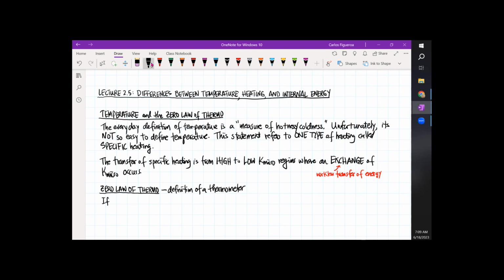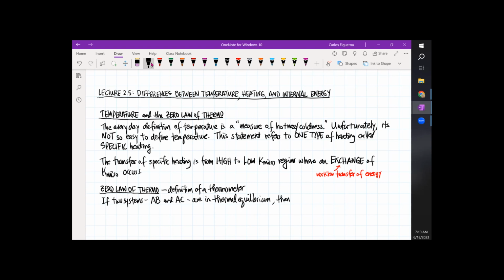If two systems, let's call them A, B, and A, C, where A is the same in both, are in thermal equilibrium, what do I mean by thermal equilibrium? There's no exchange of kinetic energy.